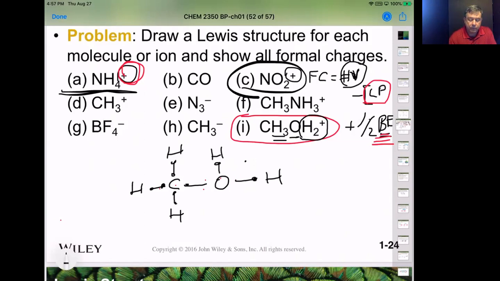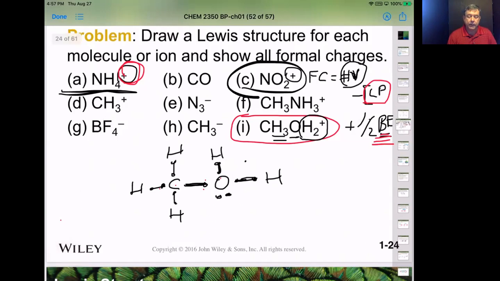So we have 1, 2, 3, and then we usually have a lone pair here, 4, 5. Oh wait, hold on. We have 2, 2, 2, and a lone pair. So oxygen now has 8 electrons around it. So each of the atoms has exactly what it needs.